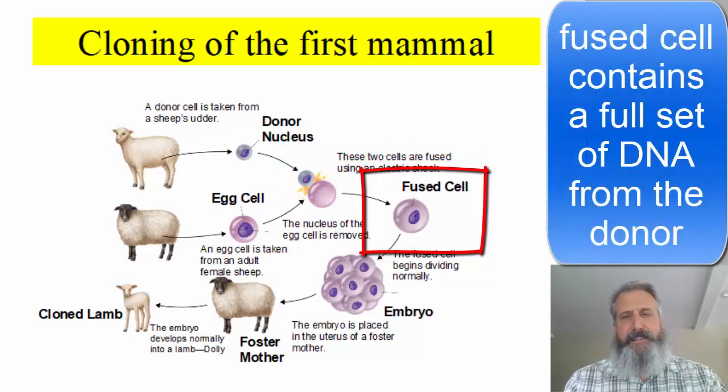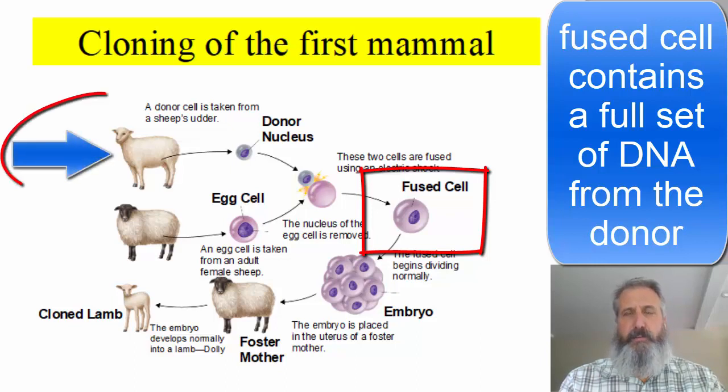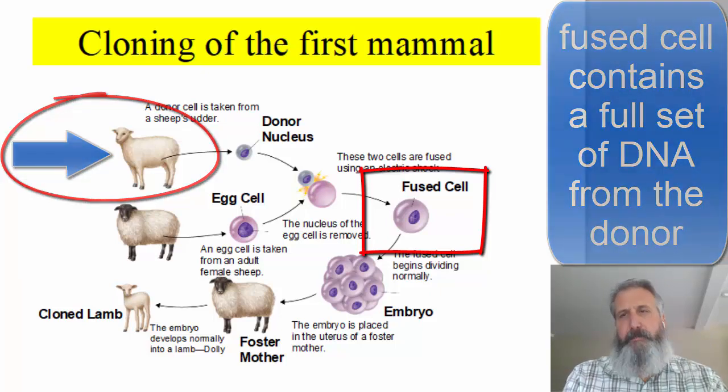Now you have an egg cell that has a full set of DNA, just like a fertilized egg would have a full set of DNA, except in this case, all of the DNA in the egg has come from one individual rather than half coming from the mother and half coming from the father.